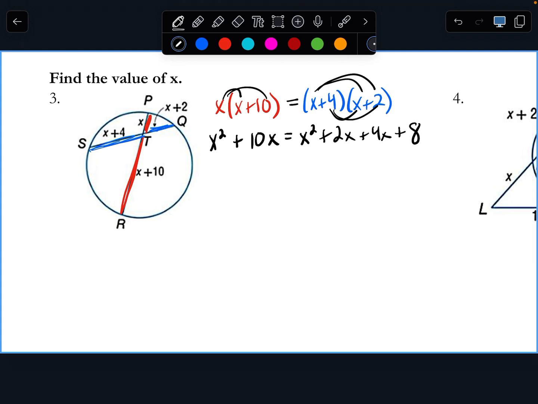And then what's great about it is your squareds are gone. So it actually is really just the first step. Don't mess up, and then you should be fine. Because now it's just, what does it simplify to? 6x plus 8. That's cute. Now it's cute, you know? So you get 8, and now you get 2.